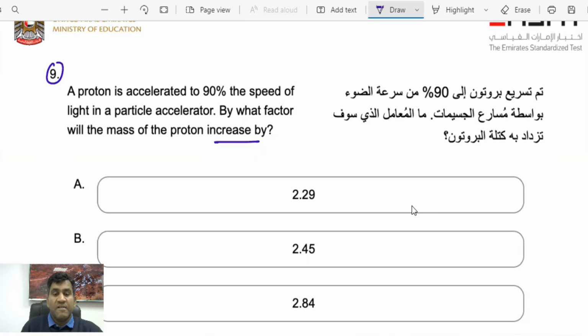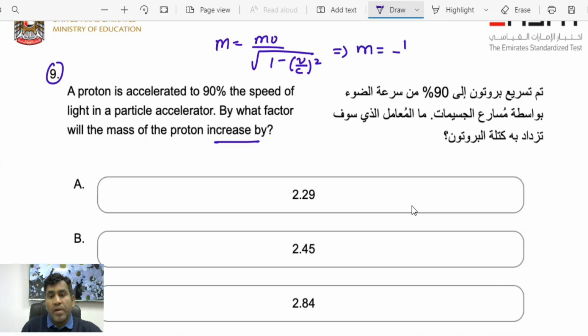According to the theory of relativity, the masses are related as m equals m0 divided by square root of 1 minus (v by c) square. This equation can also be written as m equals 1 by square root of 1 minus (v by c) square, times m0.